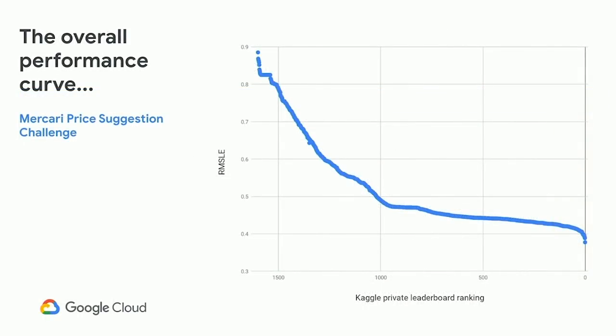Now here what you see is a curve where we laid out the performance of each participant in terms of the final error achieved. So the further you are to the right, the better that participant did on the final leaderboard, right? And the higher you are on the y-axis, the higher the error on the final test set. So as expected, there is a line that slopes downwards to the bottom right.